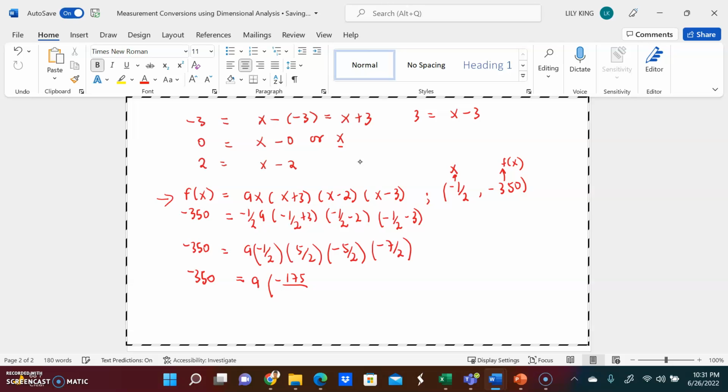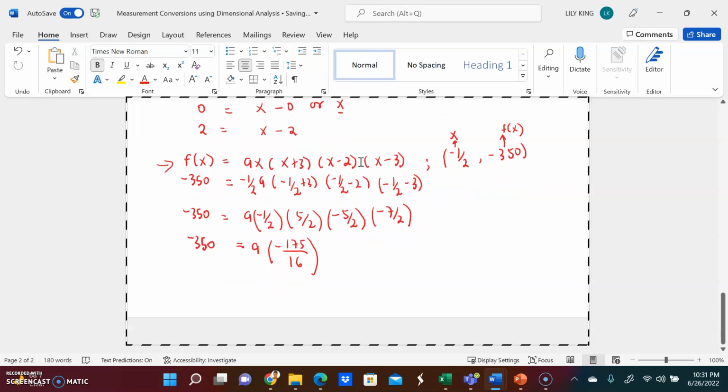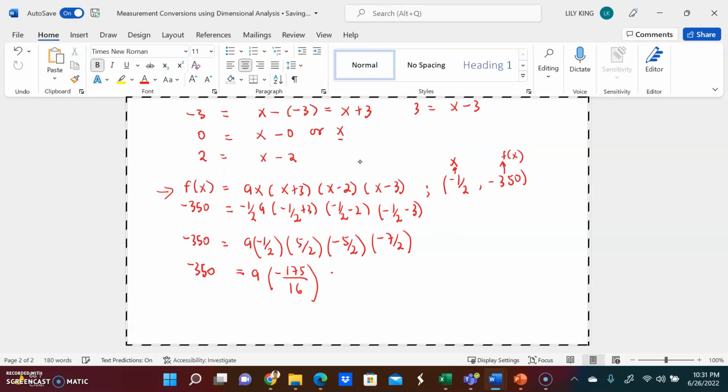If you multiply 2 by itself 4 times, that gives you 16. So negative 350 equals negative 175a over 16.